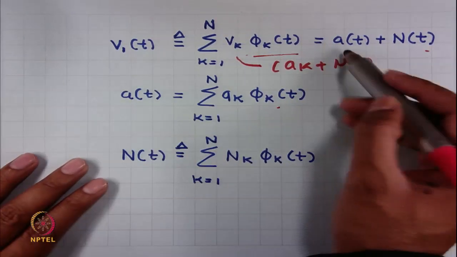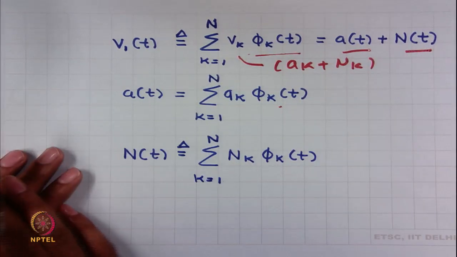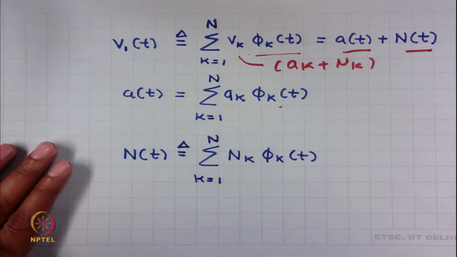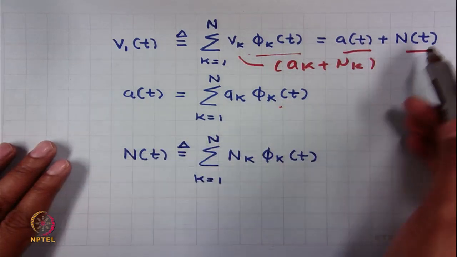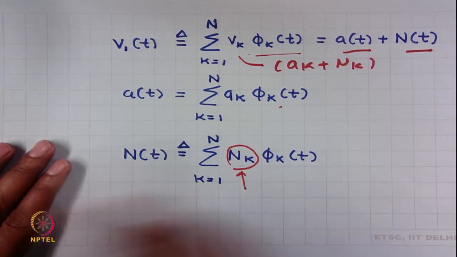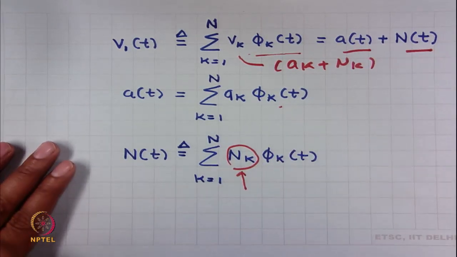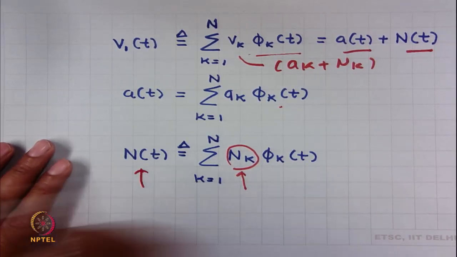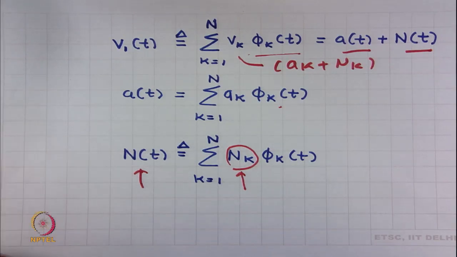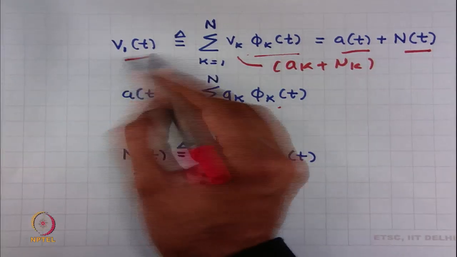A t is the deterministic signal and N t is the white Gaussian noise projected on orthonormal functions. So, you project white Gaussian noise on orthonormal functions, you get these random variables, and you form a weighted sum of these orthonormal functions using these random variables, you get a random process, and this random process is referred to as N t. So, this is V1 t, which is A t plus N t.